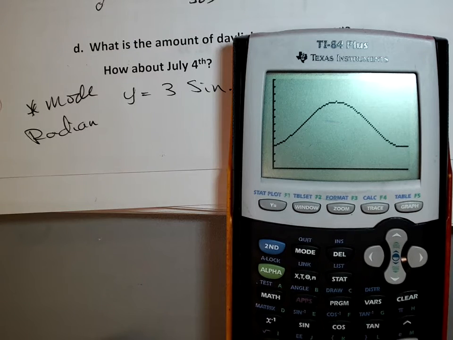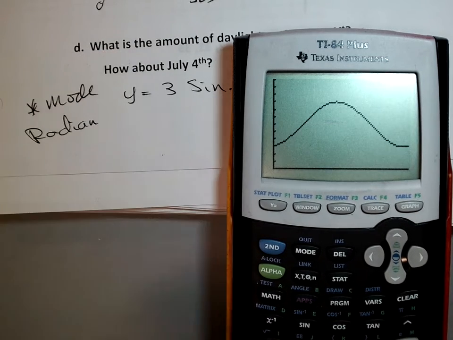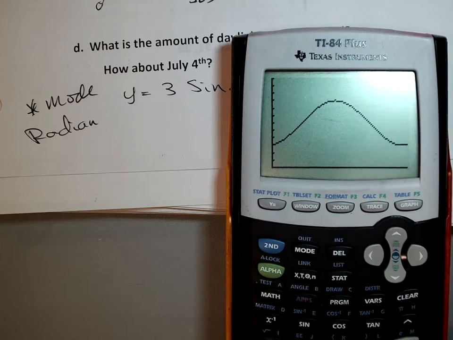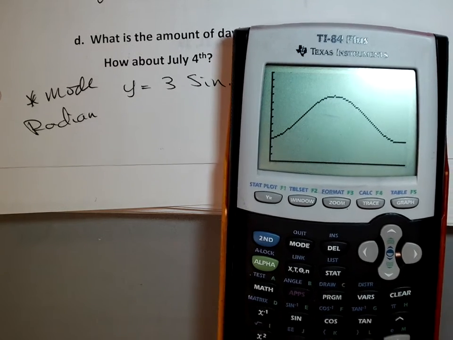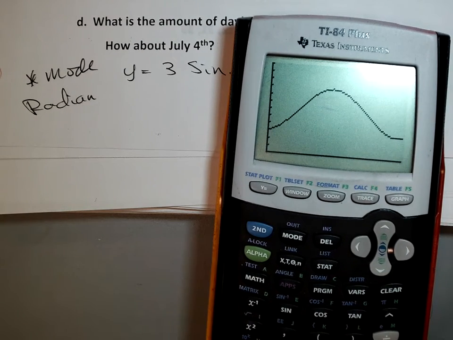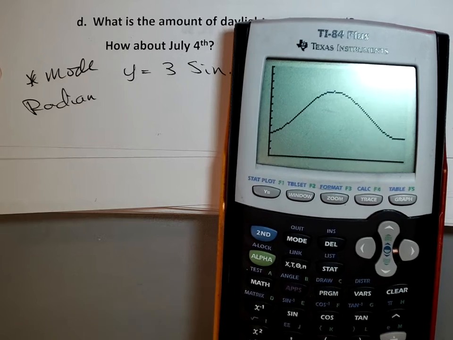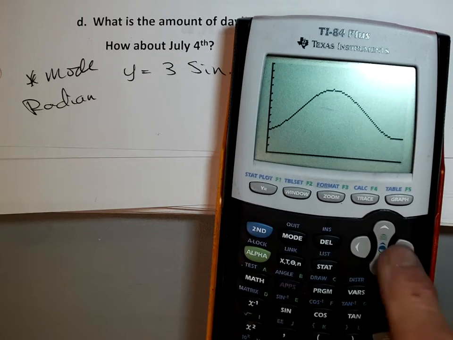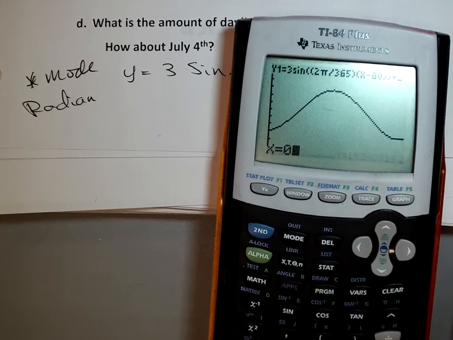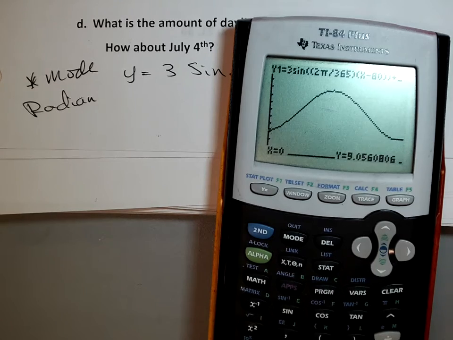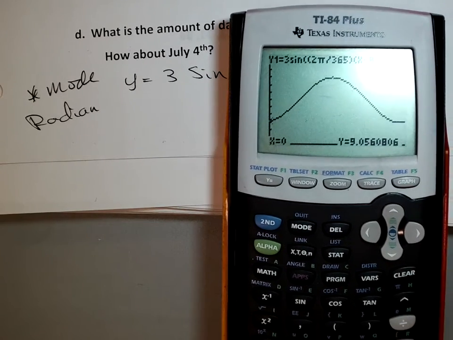There it is, right? That's exactly what I had. Now, how's this going to help me? Well, if I want to answer day 0, I can just go to trace 0. Okay, how much daylight do we have? About 9.07 hours on that day.